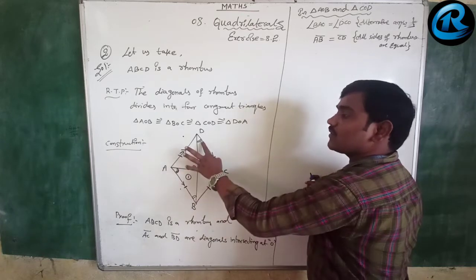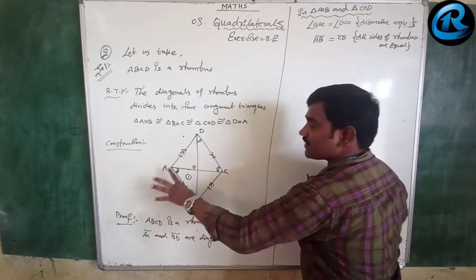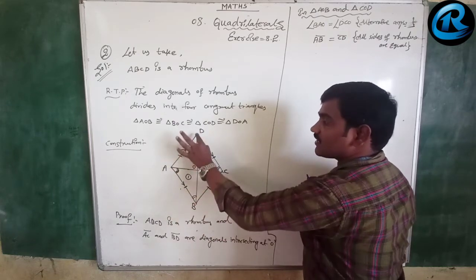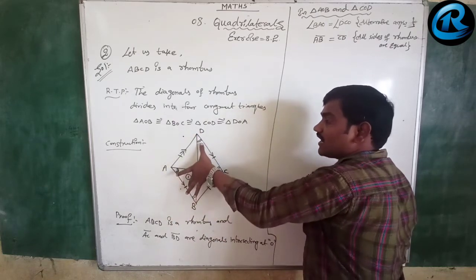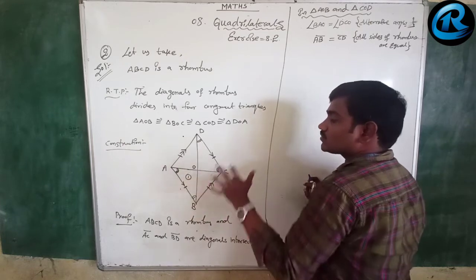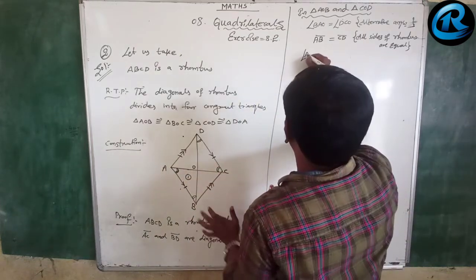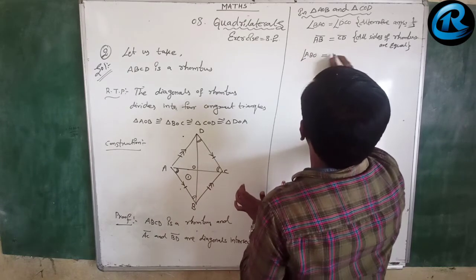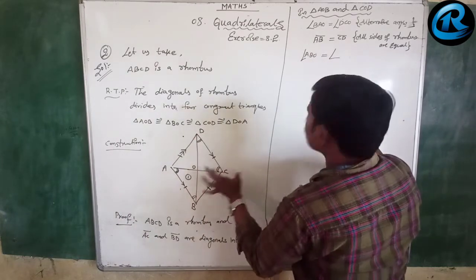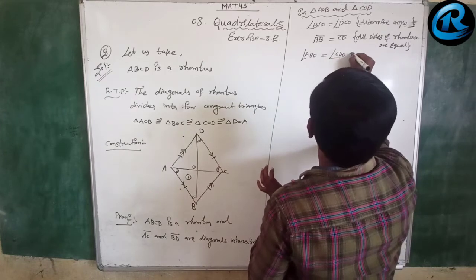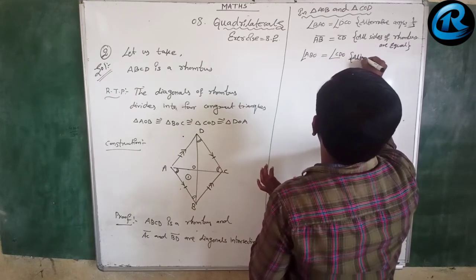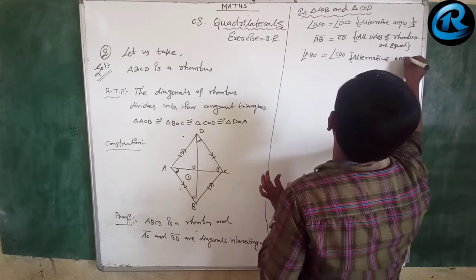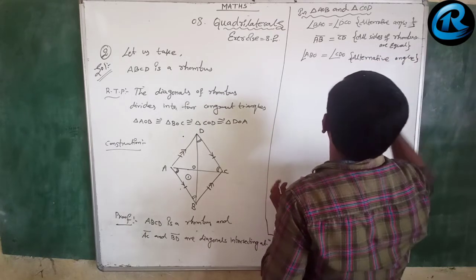Now angle B equals angle D. Why? Because AB and CD are parallel. Now BD is a transversal, so these two alternate interior angles are equal. So angle ABO is equal to angle CDO, again alternate interior angles.